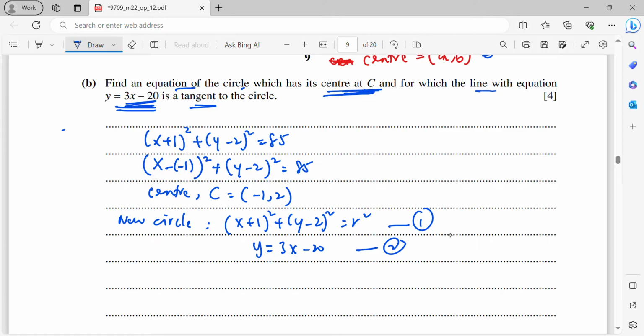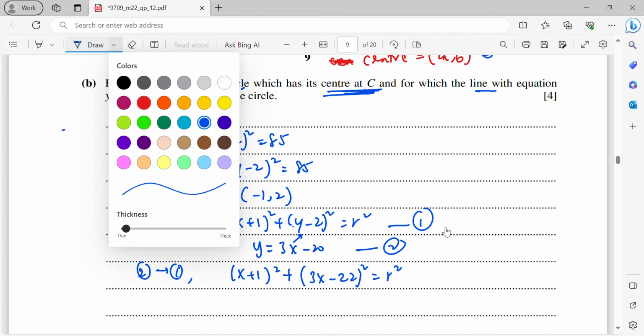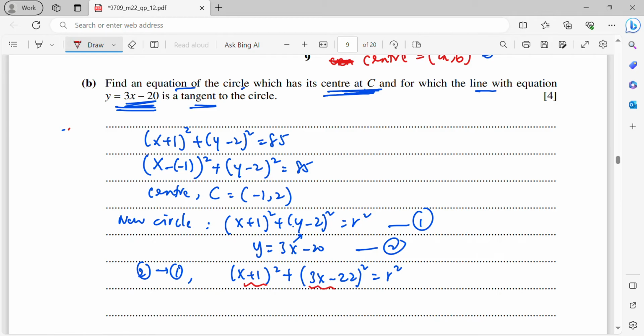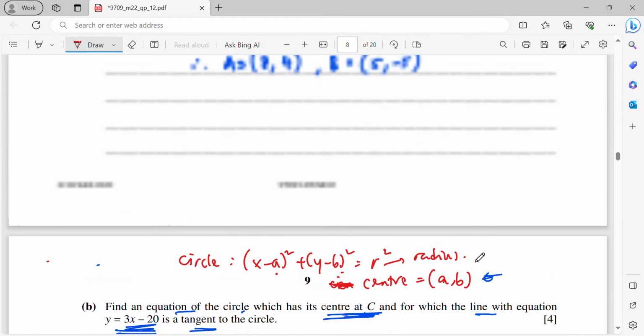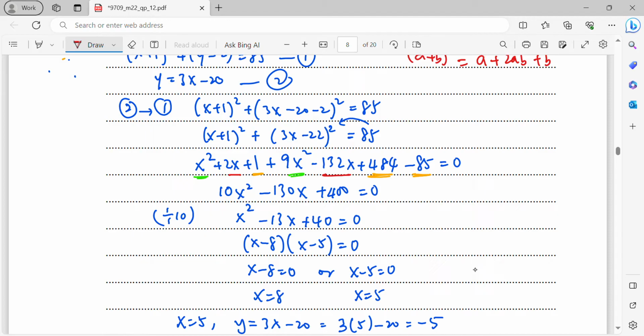point. Okay, so now I substitute second into first, then I will get x plus 1 squared plus, okay, so when you replace, so this is going to be 3x minus 20, then minus 2, which is 3x minus 22 squared equals to r squared. Now, for your information, these two terms we have done just now, okay, for the quadratic expansion, is exactly the same, which means I will copy all these terms up to here.